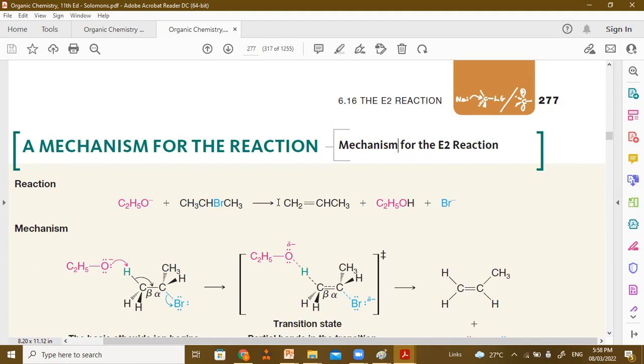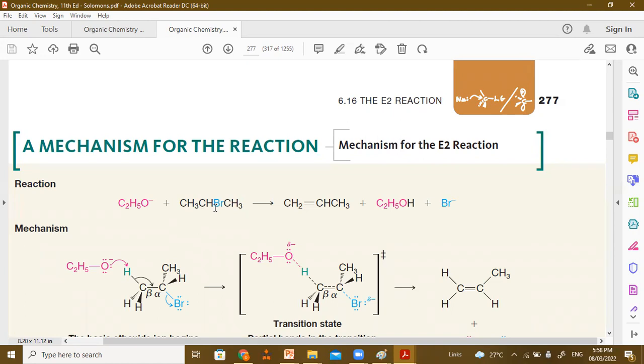This reaction forms an alkene, an alcohol and a bromide. So what you see here is that there is an elimination of bromine and of the adjacent hydrogen, the beta hydrogen from the alpha carbon. The alpha carbon is the one that contains your bromine here.